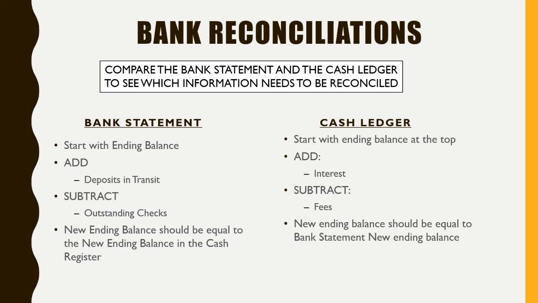Okay? Whereas on your cash or check ledger side, this is where we're going to start with our ending balance in our check ledger account, and we're going to add any interest that we've collected, and we're going to subtract any fees, because again, the bank's not going to tell you that you got charged this.